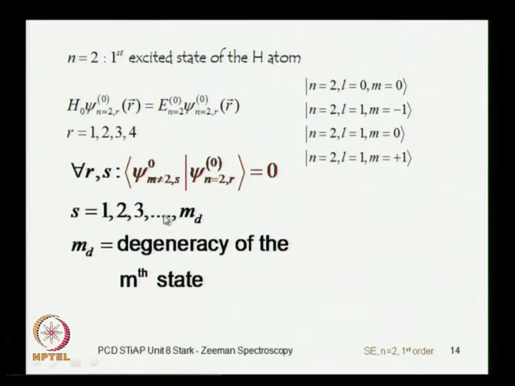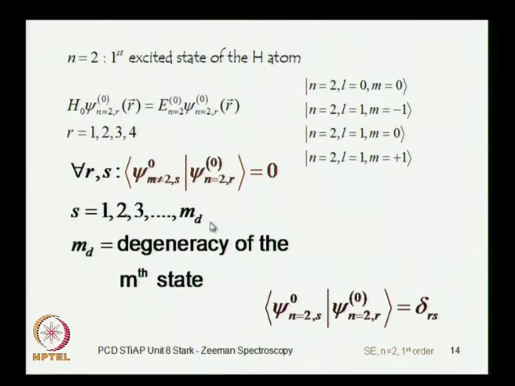If the degeneracy is md fold, then you will have 1, 2, 3 up to md linearly independent functions which belong to the same eigenvalue for the mth state, and the n equal to 2 state is orthogonal to each one of them. So, this is the degeneracy of the mth state, and of course, these 4 states are orthogonal to each other within themselves. So, for r not equal to s, this inner product would vanish.